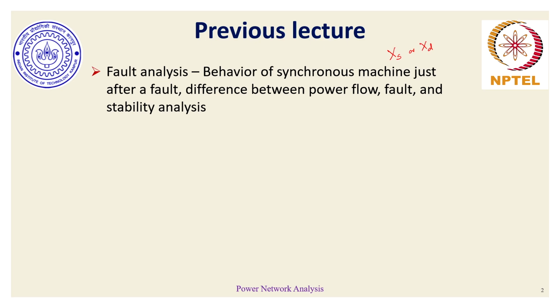Why does it have a variation, and how this variation results in distinct behaviors during a fault, specifically in terms of the subtransient period where the fault current tends to be high, followed by a dip in the transient period, and finally, if things are to remain stable, then the current reaches a steady state value. So the fault current decreases from subtransient to steady state period, whereas the value of X tends to be at its minimum in the subtransient period and has a maximum value along the steady state period.